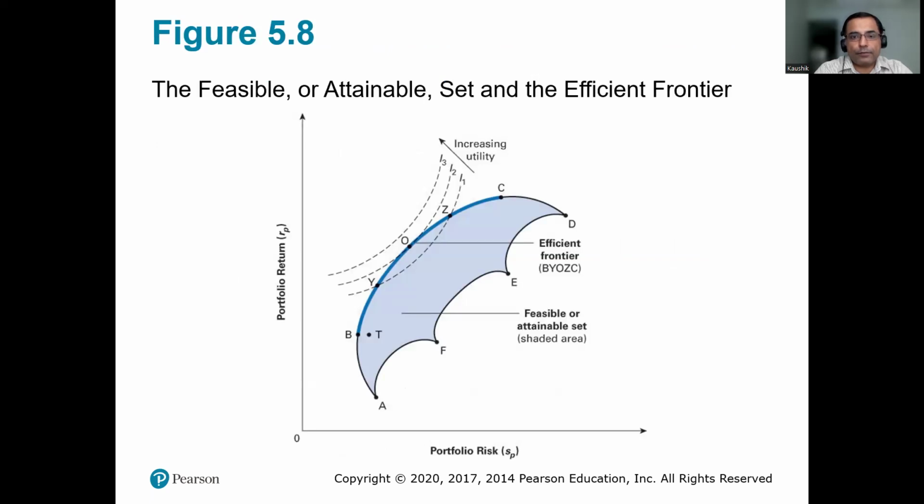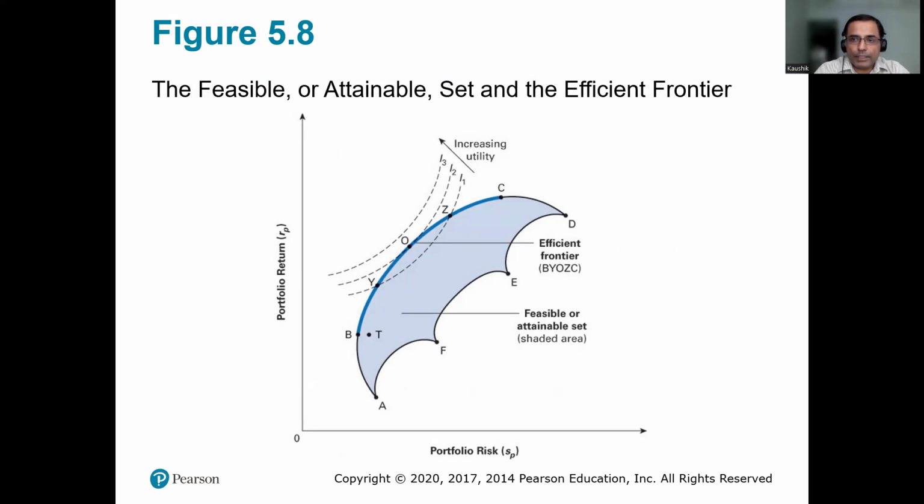So in this graph, I1, I2, I3 are different indifference curves. I1 is one level of satisfaction, which is possible through different risk return combinations. Similarly, I2 is another level of satisfaction possible through different risk return combinations.